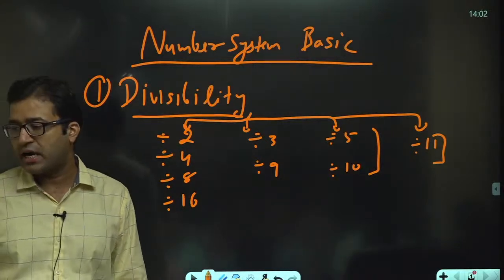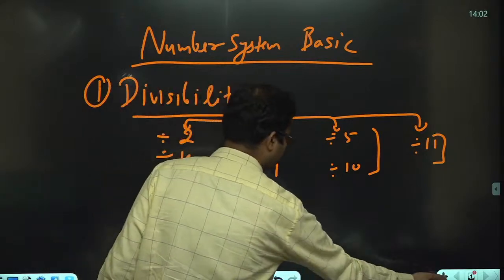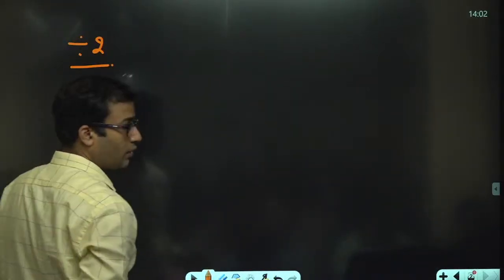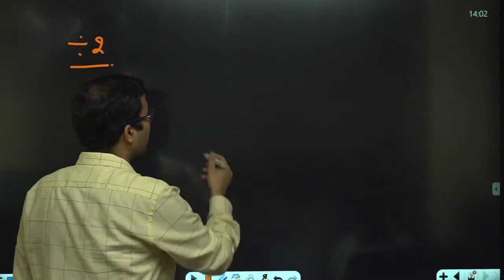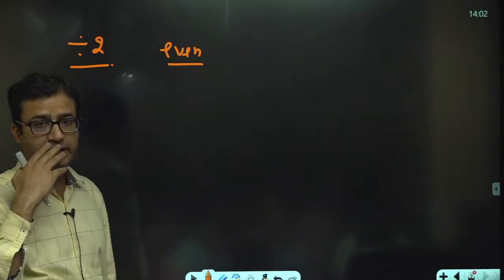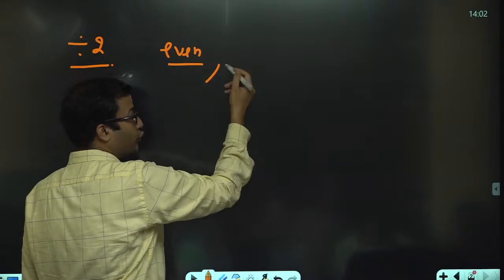Okay, so I start with divisibility of 2. Either you can say if any number is an even number, it is divisible by 2, or we check the unit place digit.